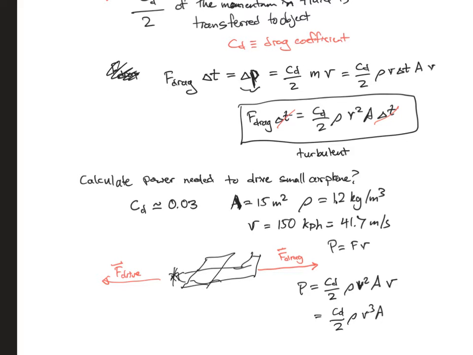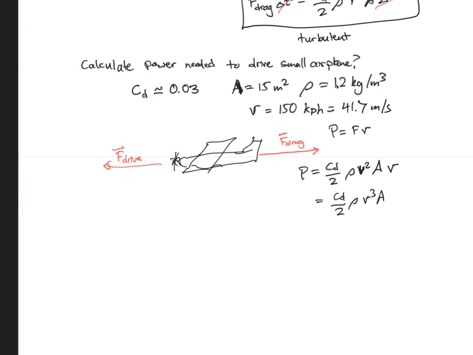Now, of course, you're exerting that power over a longer time. So if you think about the energy that's needed to get someplace, that would only be proportional to v squared. But still, it's a substantial savings.